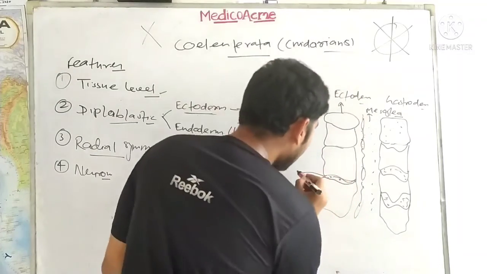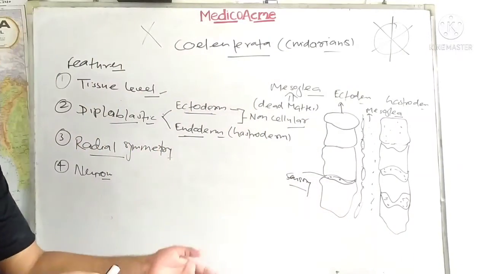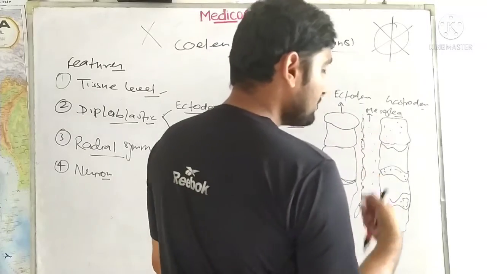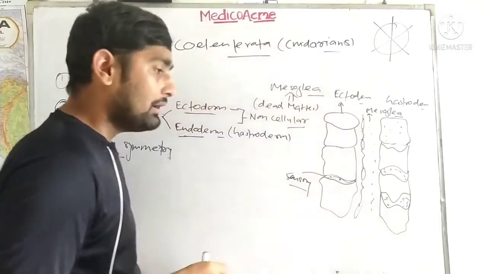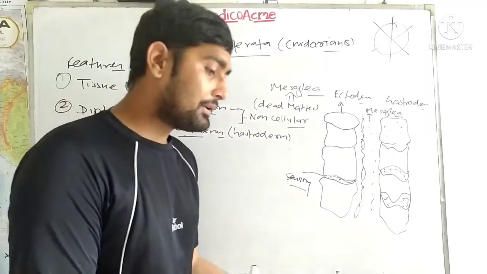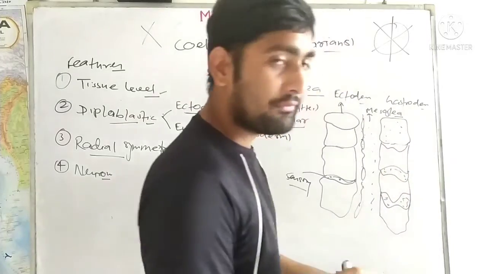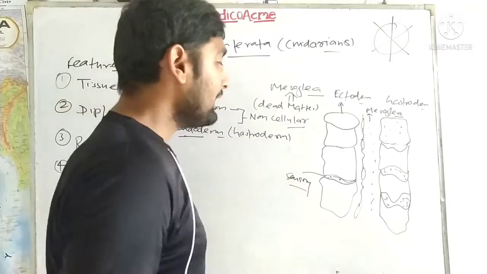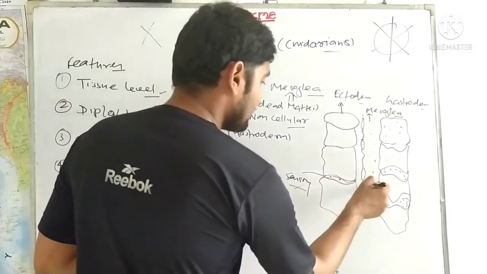These sensory cells perceive all the stimuli from the environment, and then transfer the stimulus to the neurons, which helps in the contraction of muscles and everything in the animal. So the animal is going to respond with the help of the sensory and the nervous system.